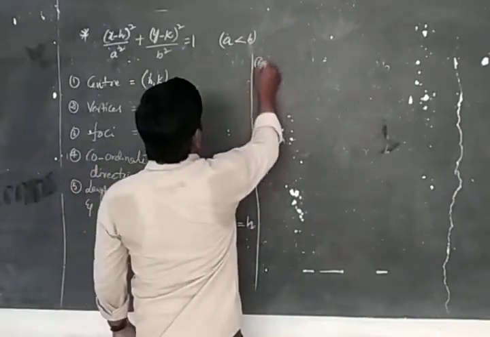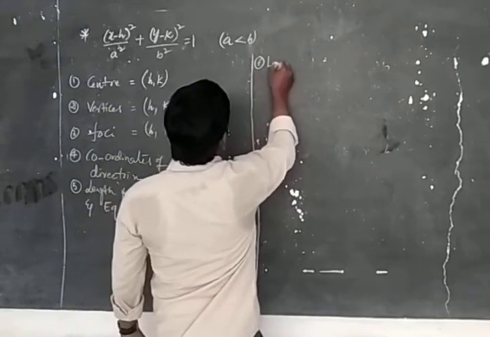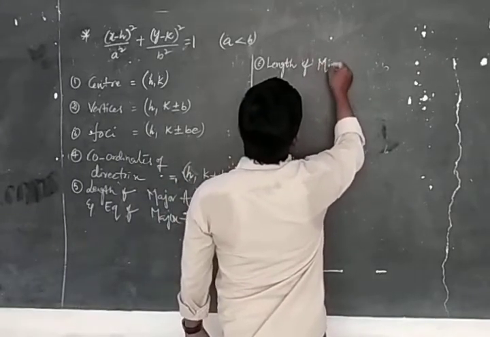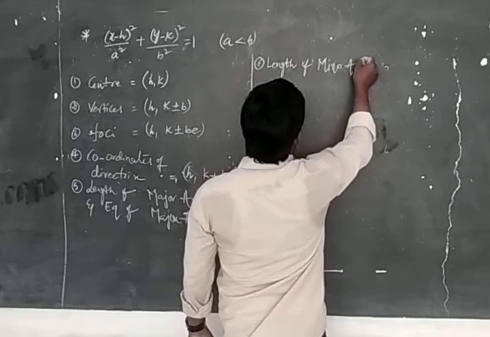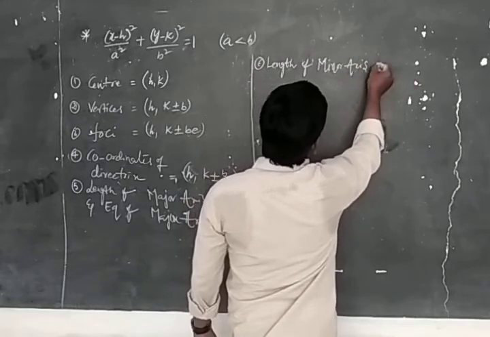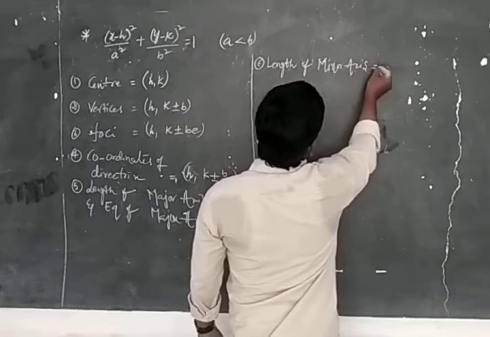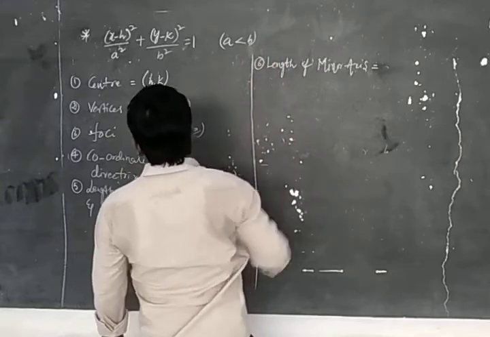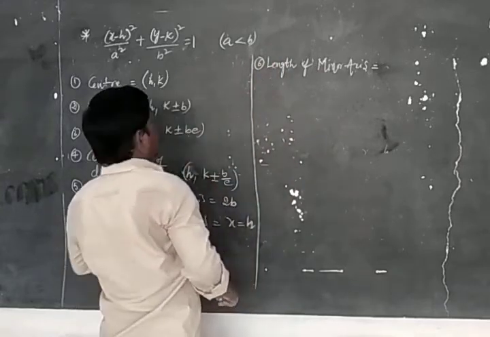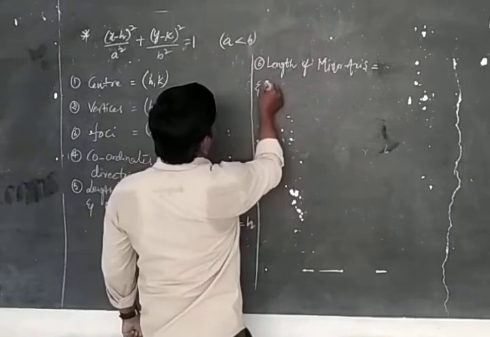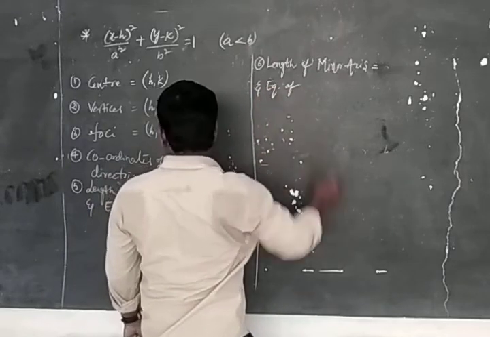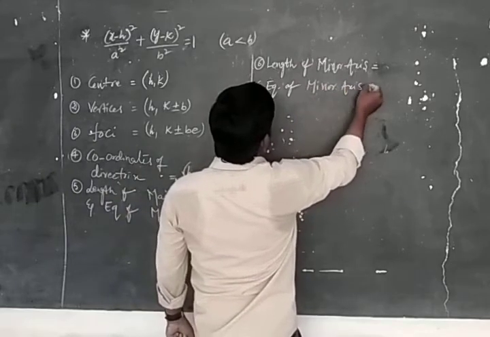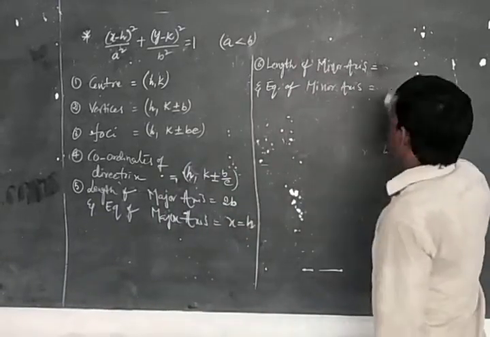Now sixth one, length of minor axis and equation of minor axis. Length of minor axis is 2a.